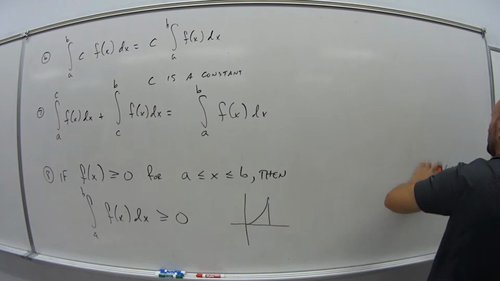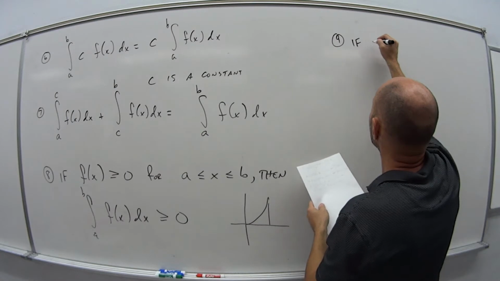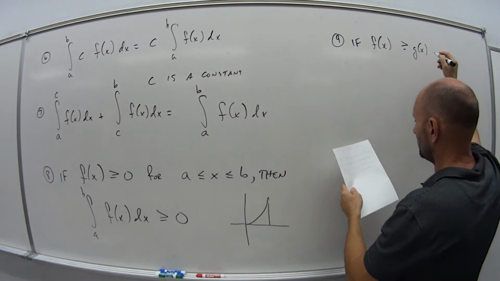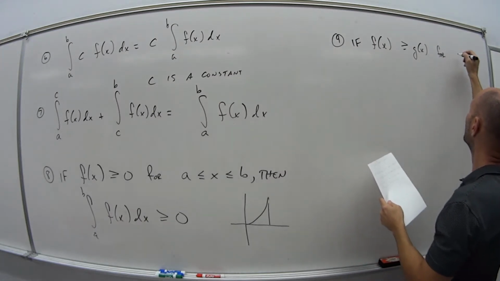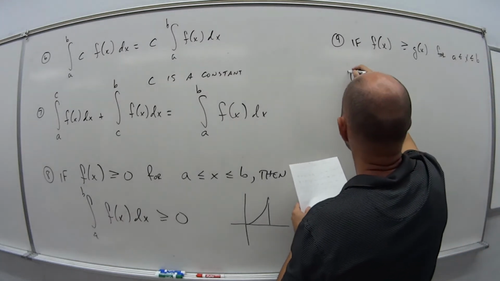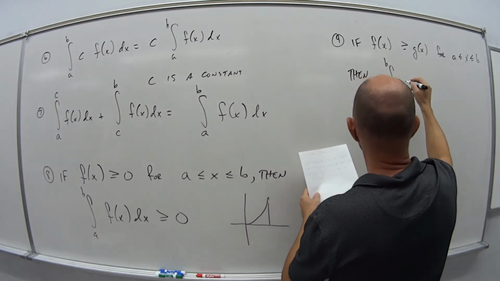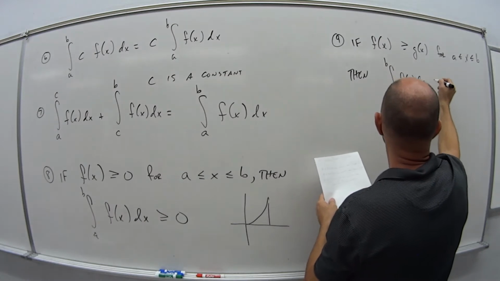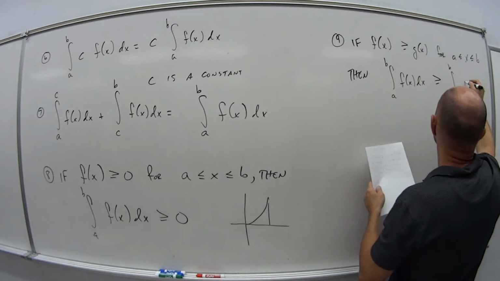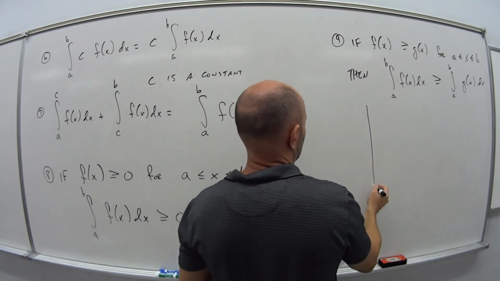Number 9. So if f of x is greater than or equal to g of x for x between a and b, then the integral from a to b of f of x dx is greater than or equal to the integral from a to b of g of x dx. And think about this in the form of a picture.